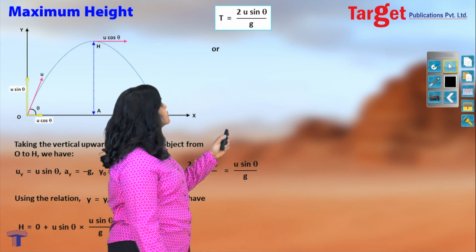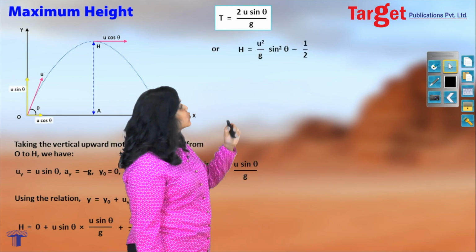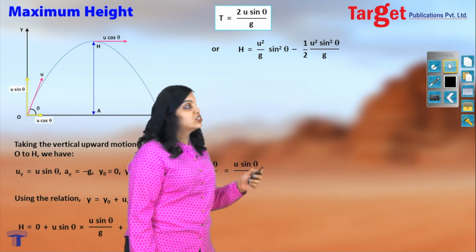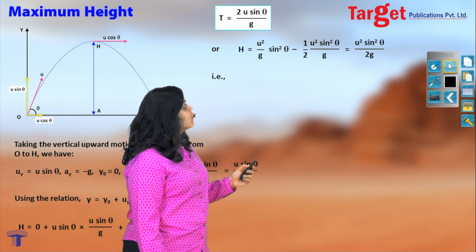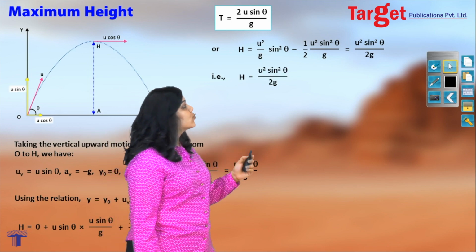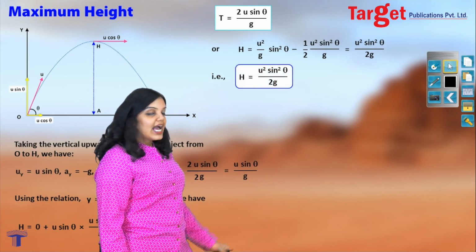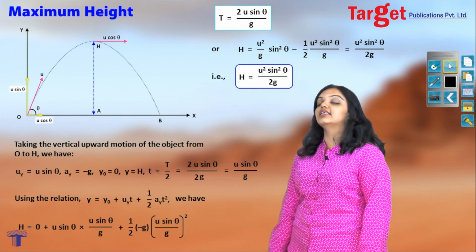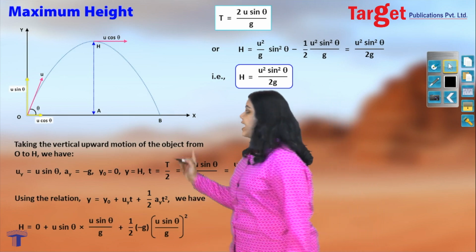Once you solve that equation, what you get is H is equal to u square upon g sin square theta minus half u square sin square theta by g, and this gives me the final value for H, that is H is equal to u square sin square theta by 2g. This is the formula for the maximum height, where theta is the angle that the initial velocity makes with the x-axis.